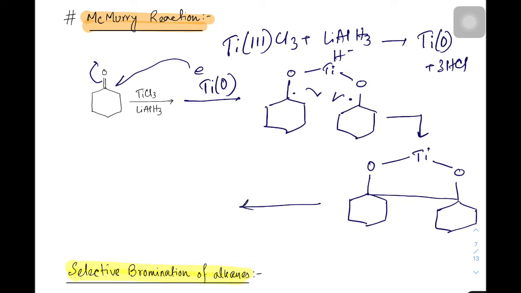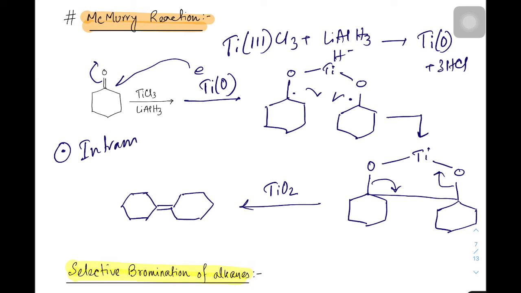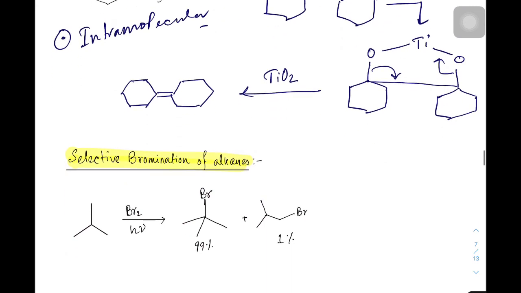After that they will generate this type of olefin. This is an intermolecular reaction. It can also occur intramolecularly. So this is a well-known example.